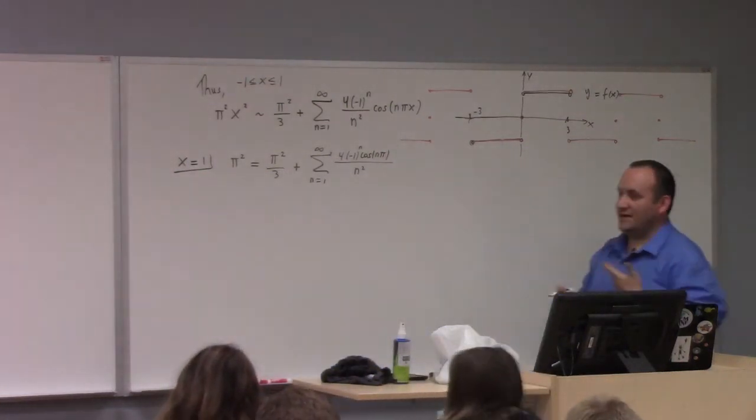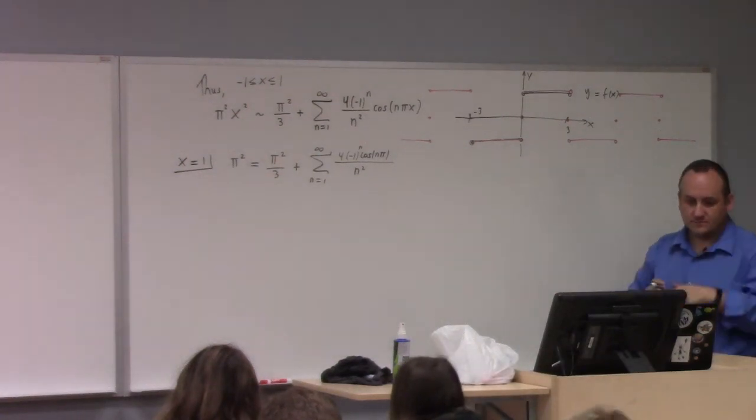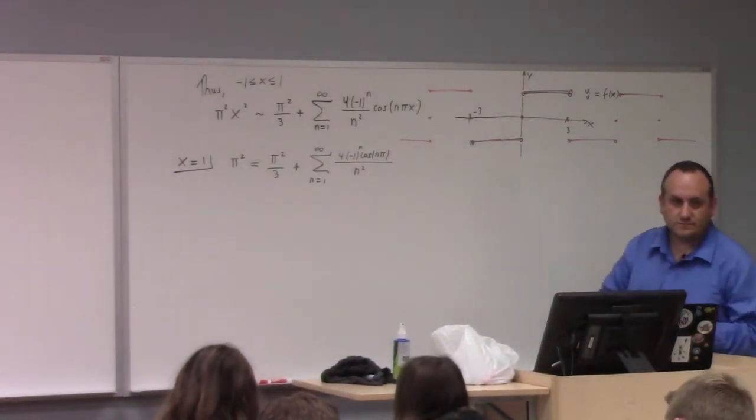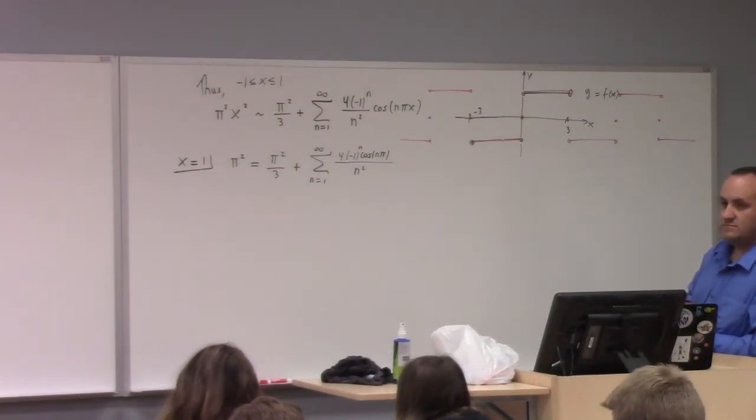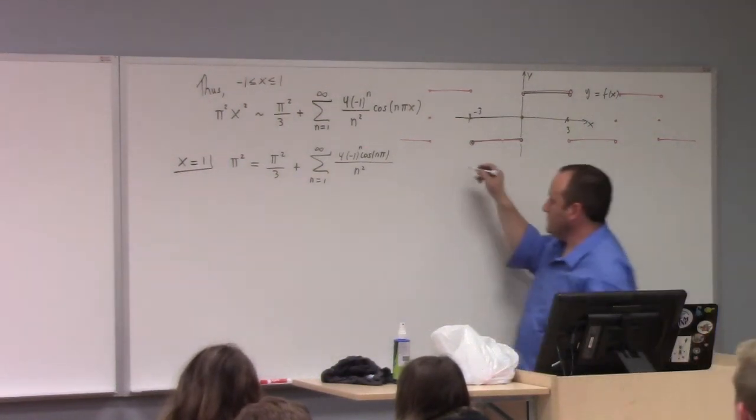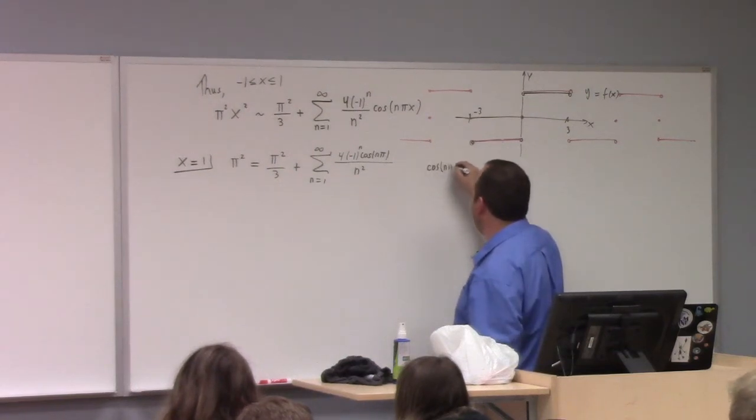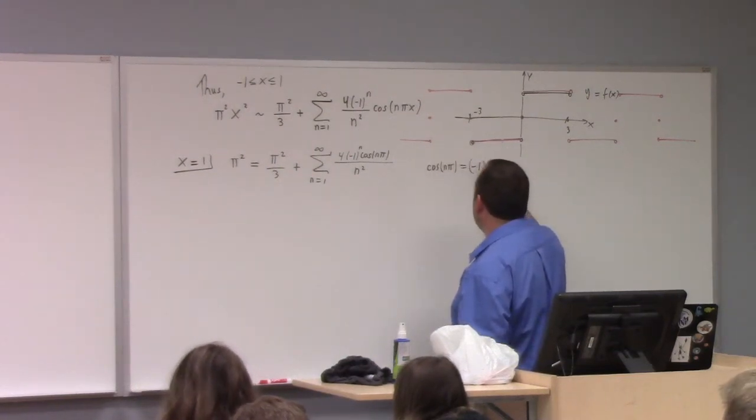So what's minus 1 to the n times cosine n pi equal to? Cosine n pi is minus 1 to the n, if you think about it.